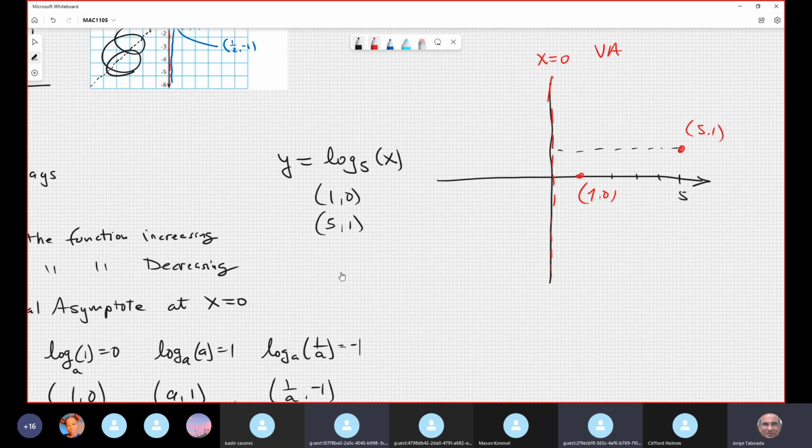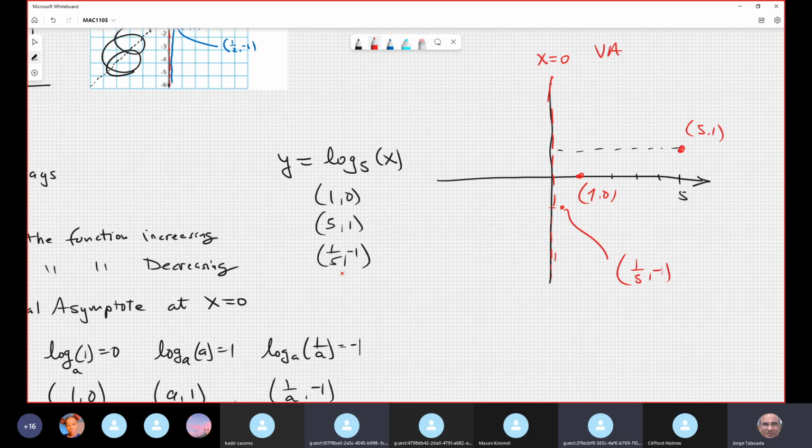And another typical point is the reciprocal of the base, which gives (1/5, -1). Approximately, using my imagination, you divide this segment in 5 portions and get the point (1/5, -1) here.